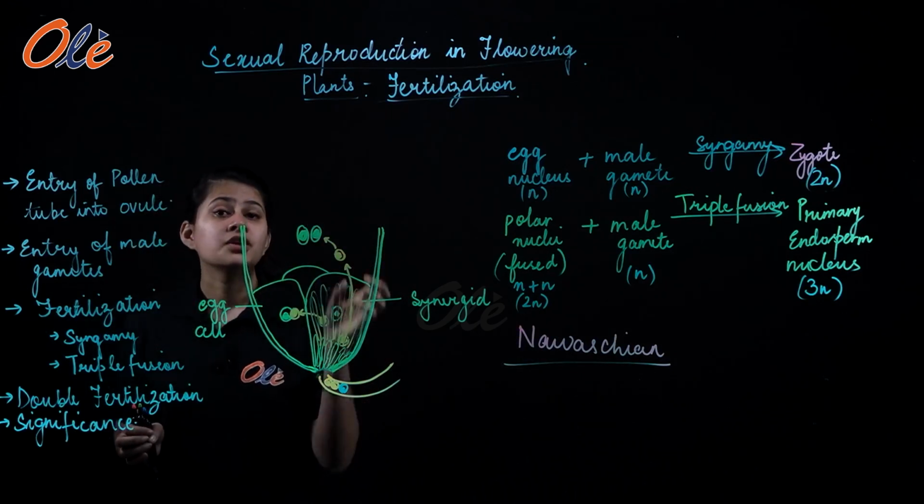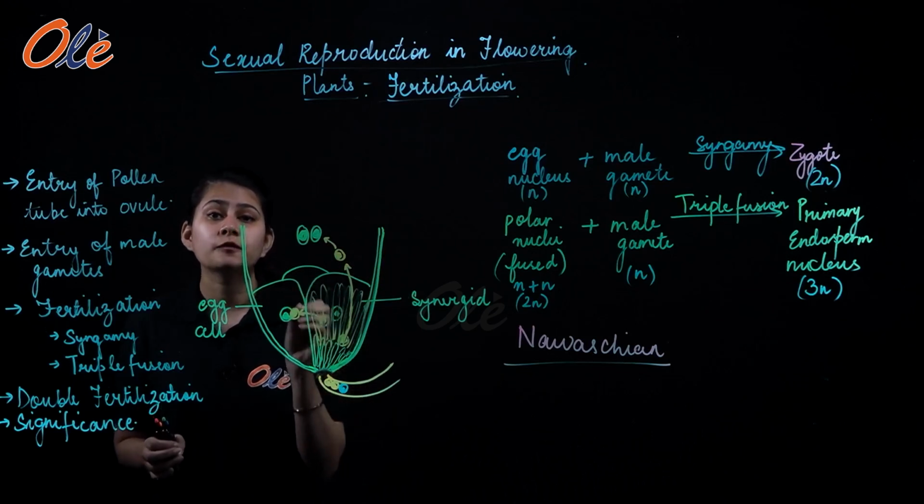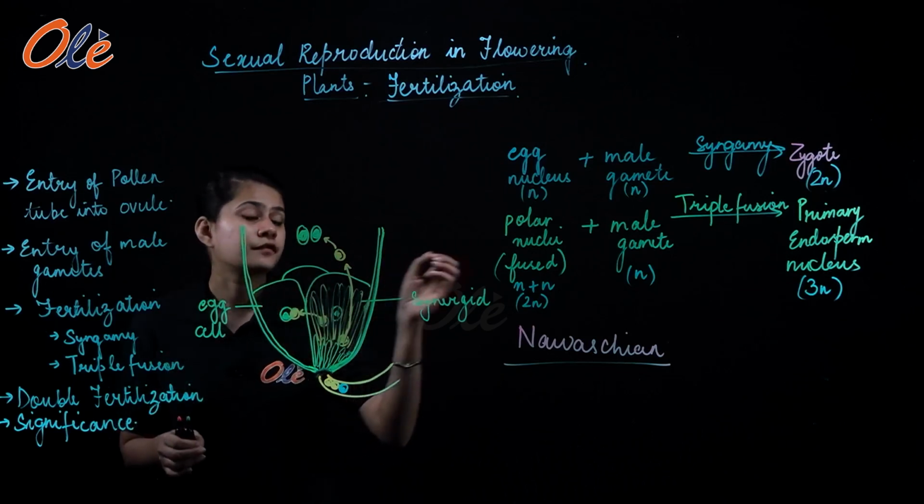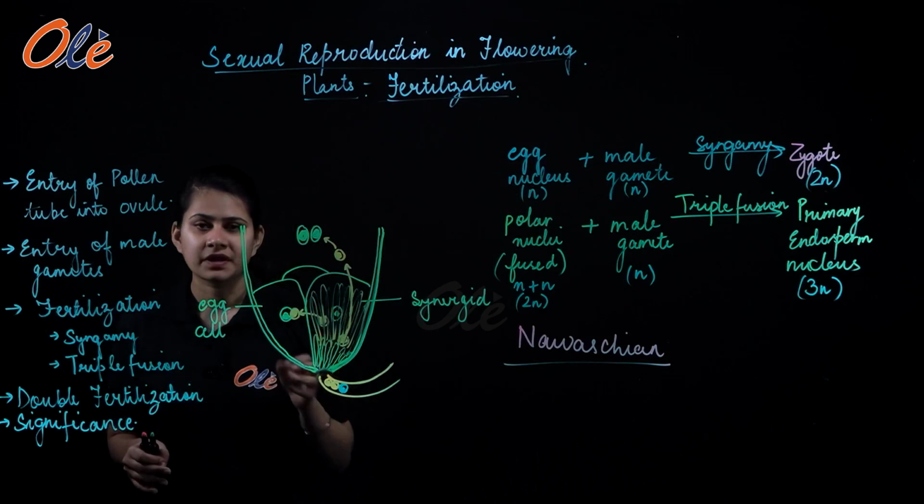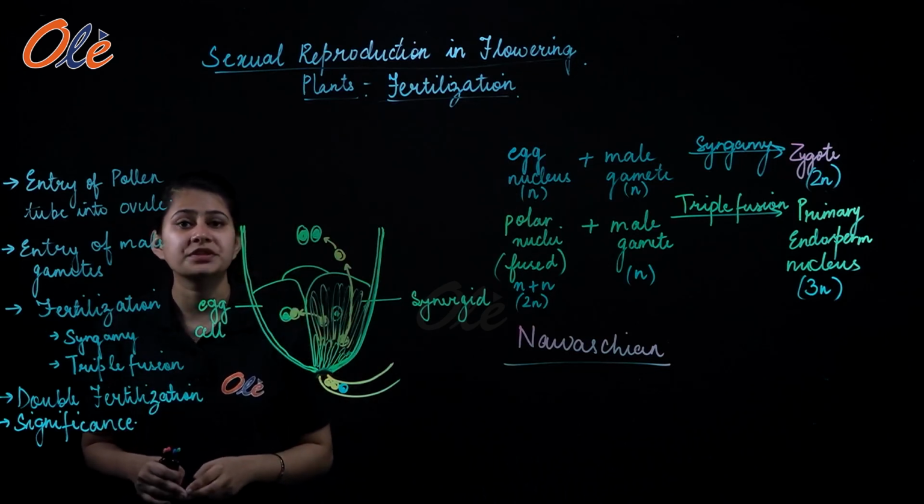So then again triple fusion provides a cue for shifting the nourishment from nucellus to the endosperm, right? तो दूसरा significance, I hope this is clear.